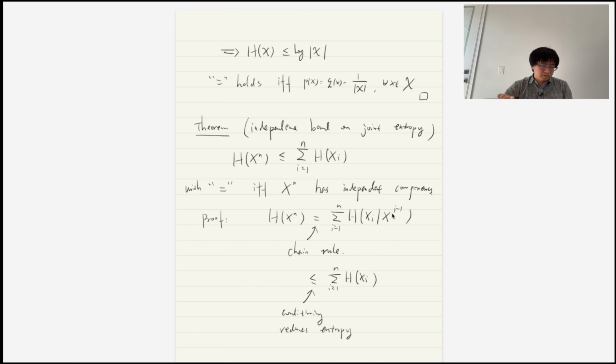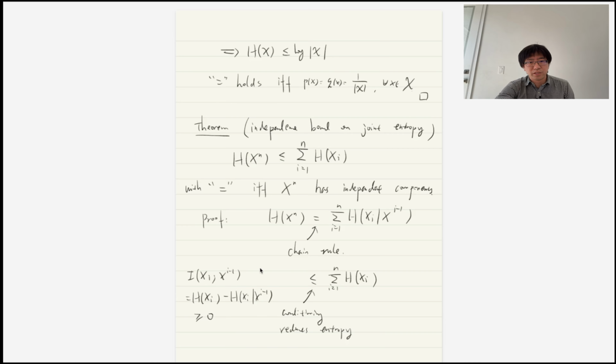This is because of the mutual information. We know that the mutual information between xi and xi minus 1 is equal to H of xi minus H of xi given xi minus 1, right? And we know this is bigger than or equal to 0, right? Therefore, we can conclude that conditioning reduces entropy, okay?